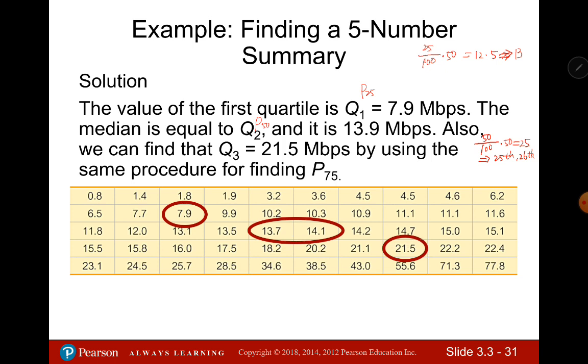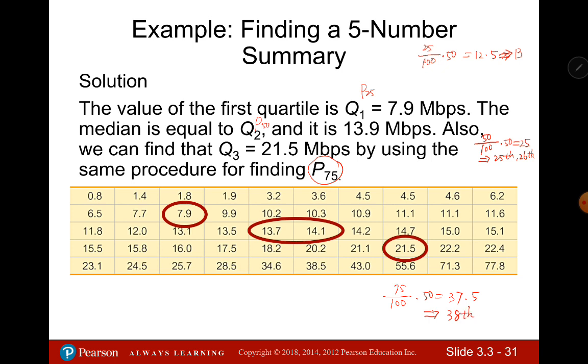Similarly, we can use the formula 75 divided by 100 times 50 to get P75. We will get 37.5, so we only need to check the 38th.